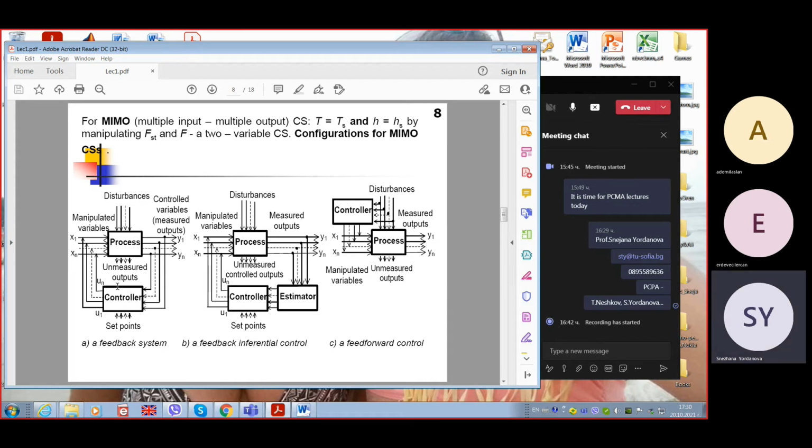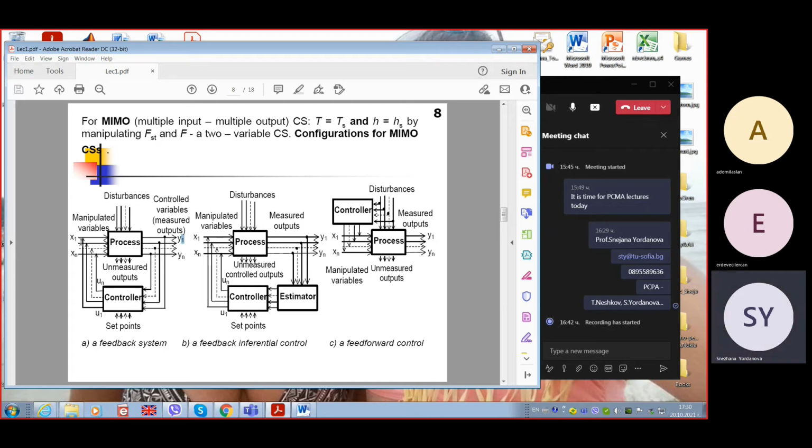We can have a feedback system if we measure all variables, like in the previous example, temperature and level, and synchronize the change of manipulated variables so that we change only one of these variables at the output, only y1, because the change of x1 will influence the rest.